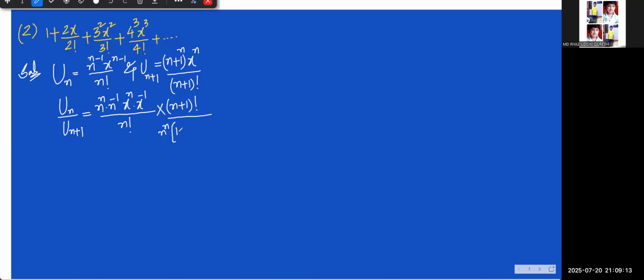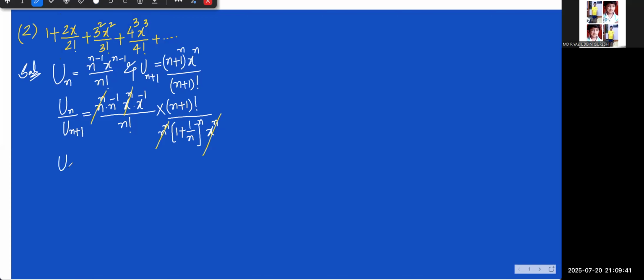We are left with 1 plus 1 by n raised to the power of n and x power n. Now look at that, how many terms are cancelled? Look at this n power n with this cancel, right? X power n with this cancel. Understand? Now next step we can move on.